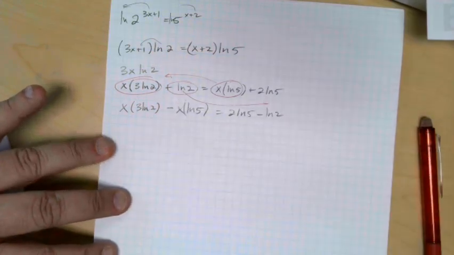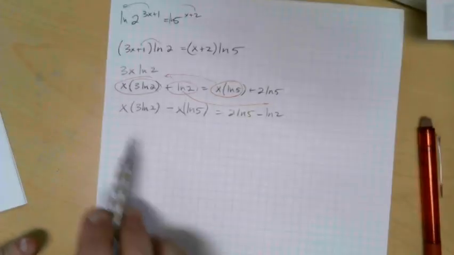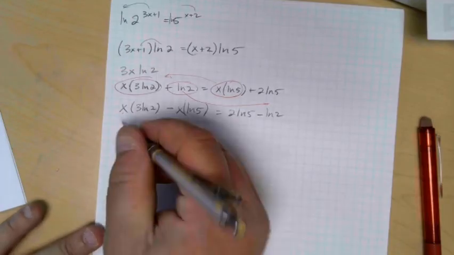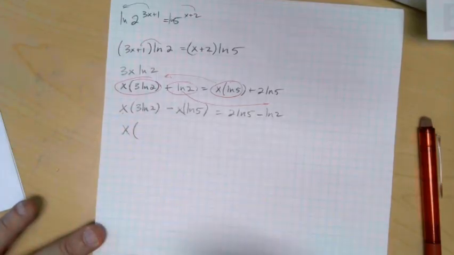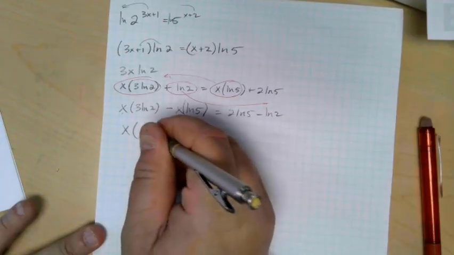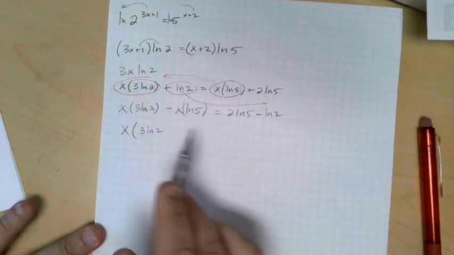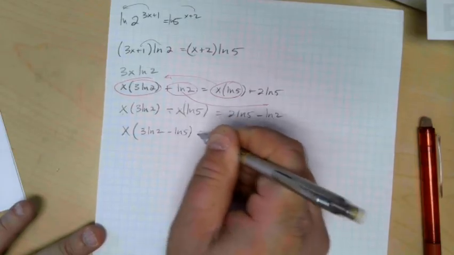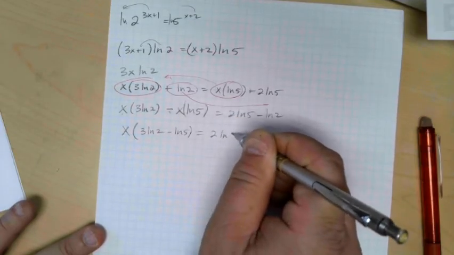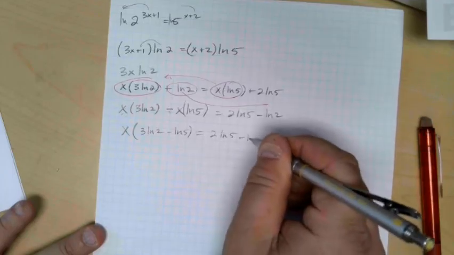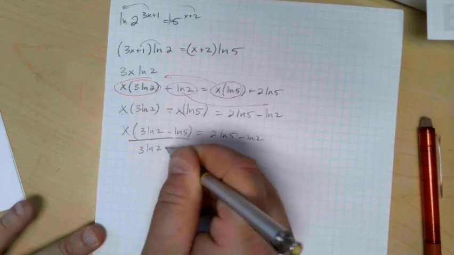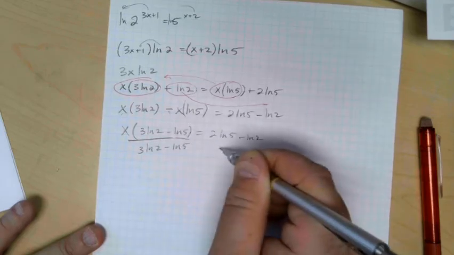Okay. Now, see how there's an x here and here? X in both of these? If I factor that x out, all I have is 3 times the natural log of 2 minus the natural log of 5 equals this whole thing over here. Then I'm just going to divide by this 3 natural log of 2 minus natural log of 5.